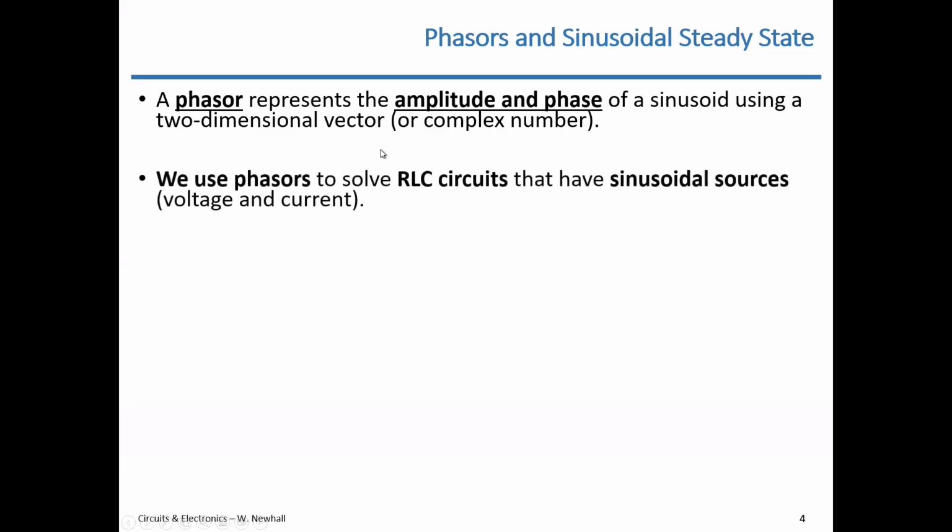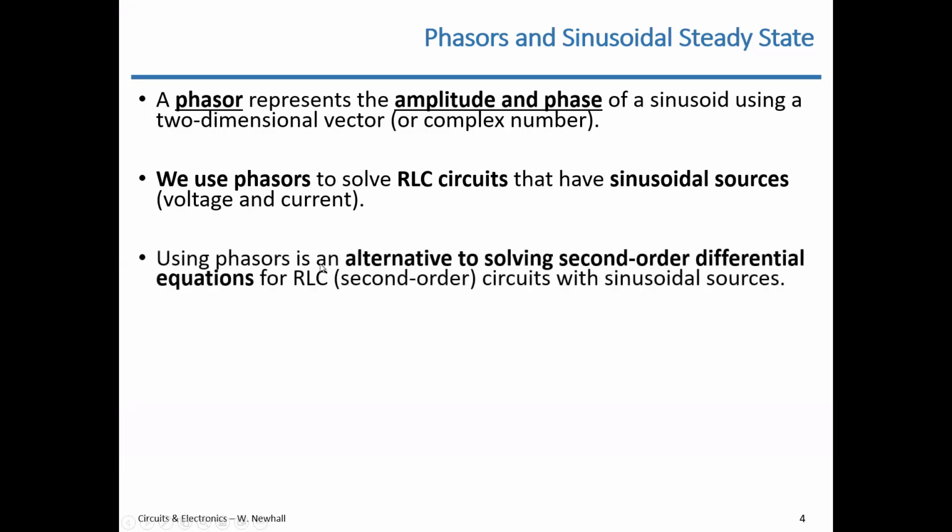So we use phasors to solve RLC circuits that have sinusoidal sources. And so you can have sinusoidal voltage sources and or sinusoidal current sources. Usually all of them are at the same frequency, but they have different amplitudes and phases. And so using phasors is an alternative to solving circuits using second order differential equations.